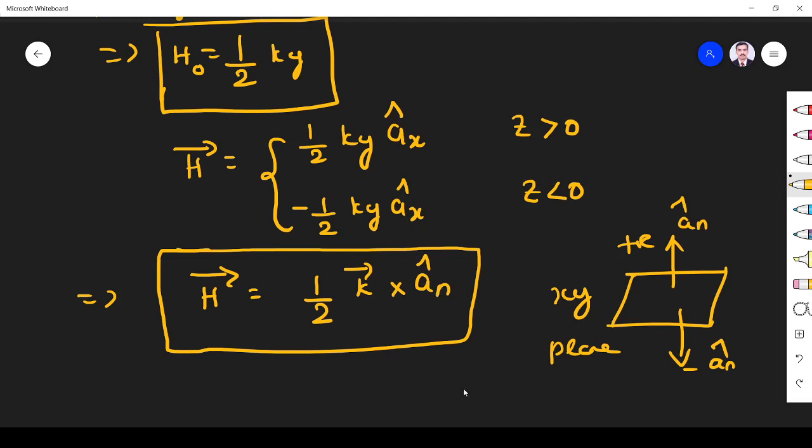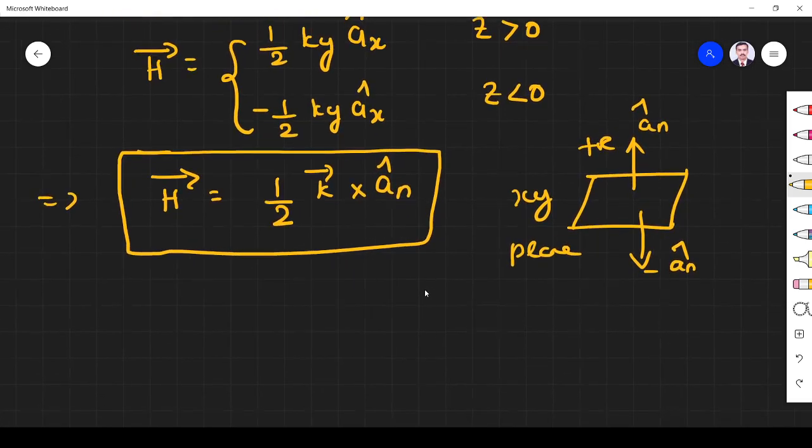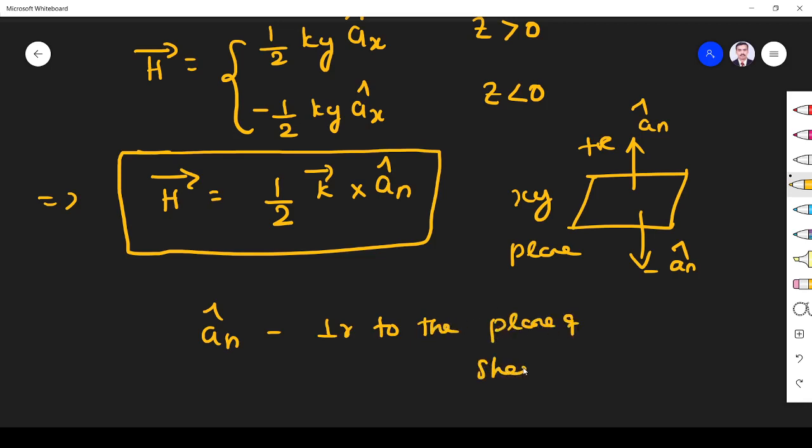So this is the magnetic field generated due to a sheet of current. The unit vector an is always perpendicular to the plane of the sheet. Suppose if you kept your sheet like this, the unit vector will go positive an, and this is negative an. This is the xz plane, y is equal to 0 plane. Like that you can keep it and change the answer.